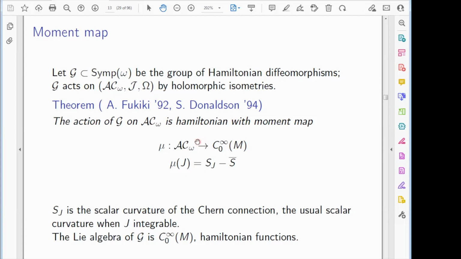This group is infinite dimensional. The finite dimensional analogy would be a compact Lie group, and then the complexified group would be a reductive group. But the problem in this case is that there's no complexification of the Hamiltonian group. But you can complexify the Lie algebras.